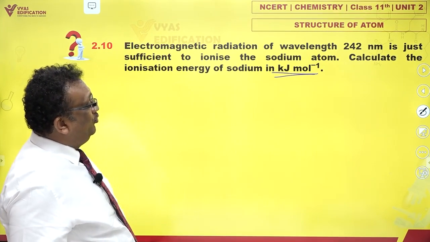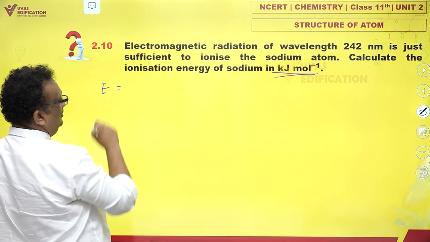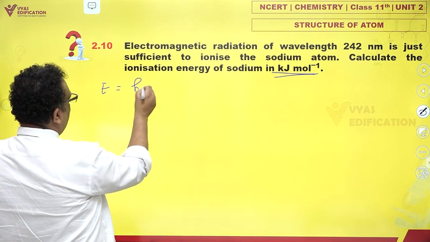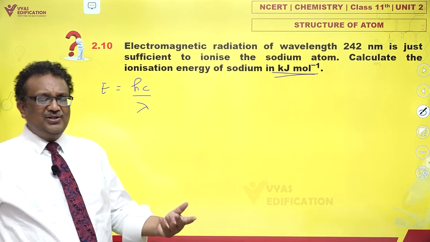We have a wavelength of 242 nanometers. Now energy E is hc by lambda, right? So let's just do that.